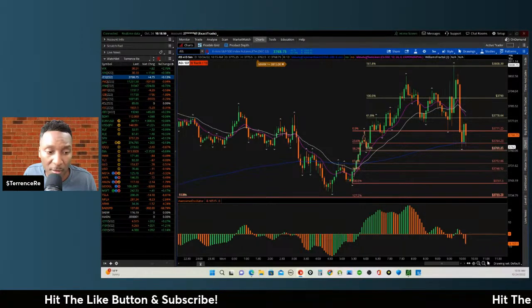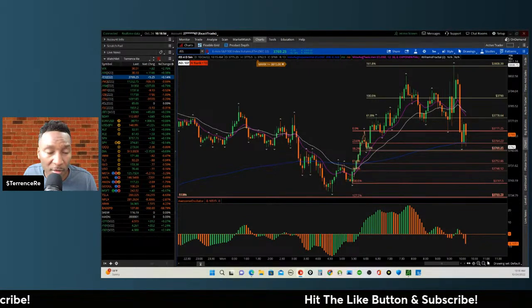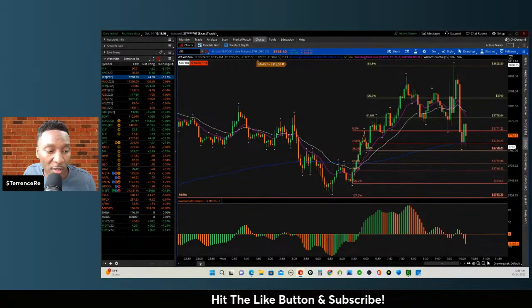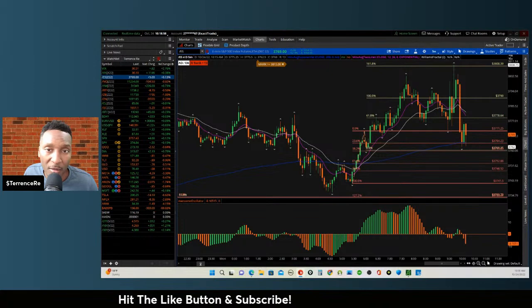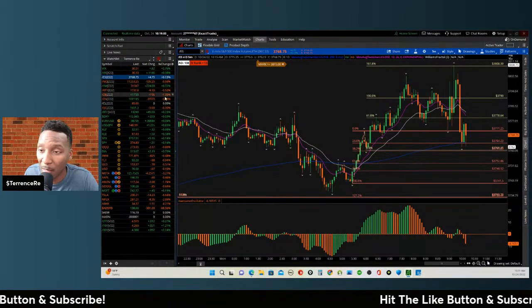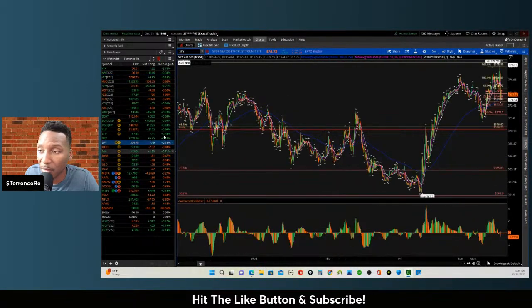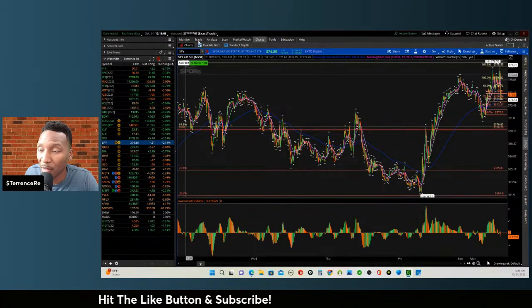Let's see. I can just do it without opening it up, because pulling up all these different trading platforms will put a drag on the system and mess up the live. So this is what I'll do. I'll show you the option on here. We'll go to the SPY, hit trade.